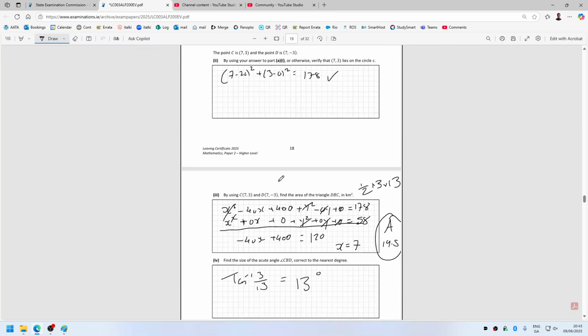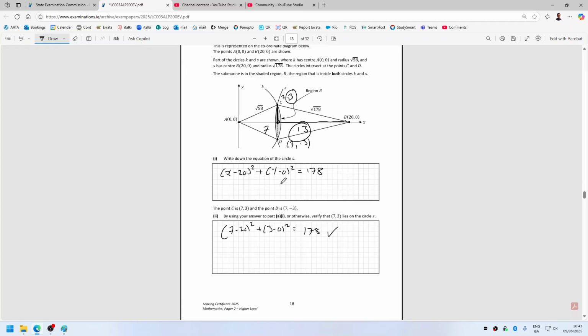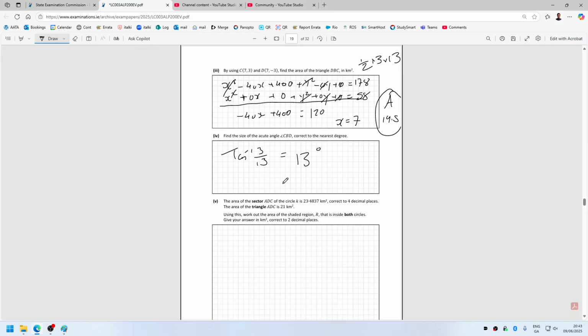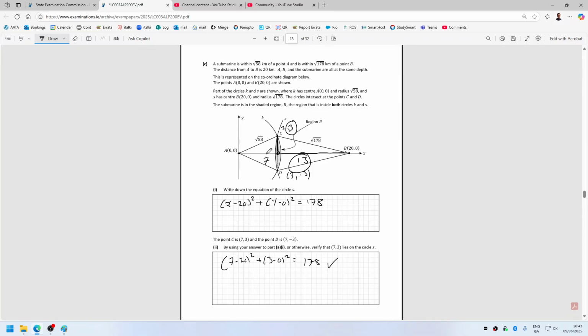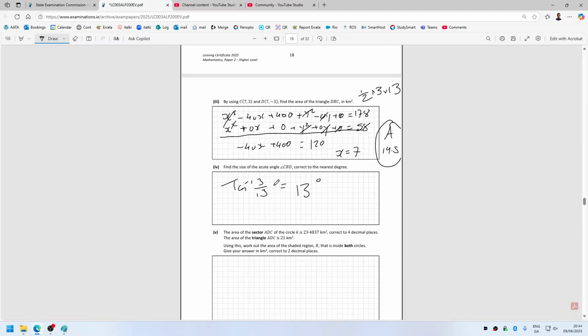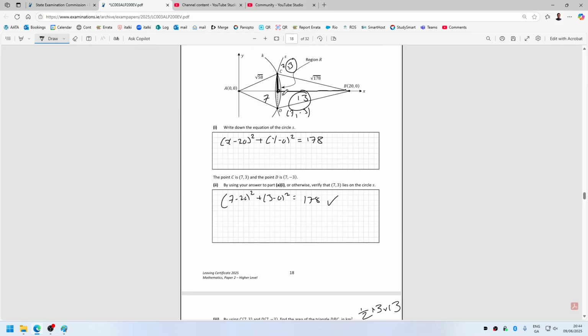The area of the sector ADC, given that the area of the triangle ADC is 21. Use this, work out the area of the shaded region that's inside both. Well, it's the sector minus the left triangle.